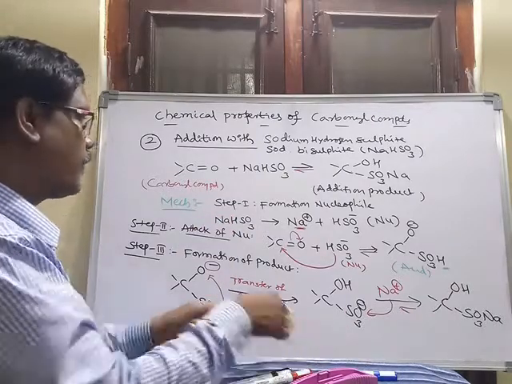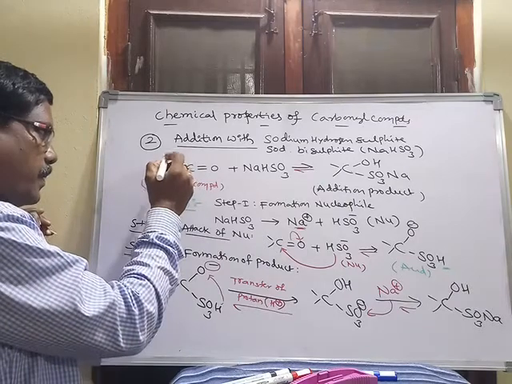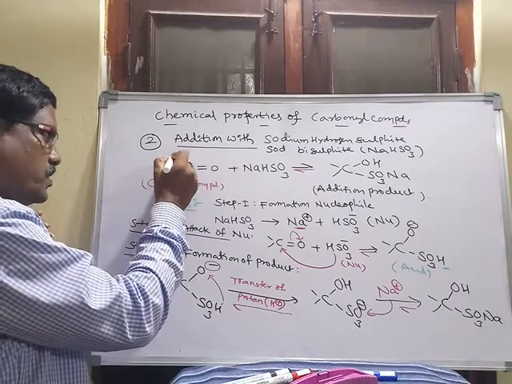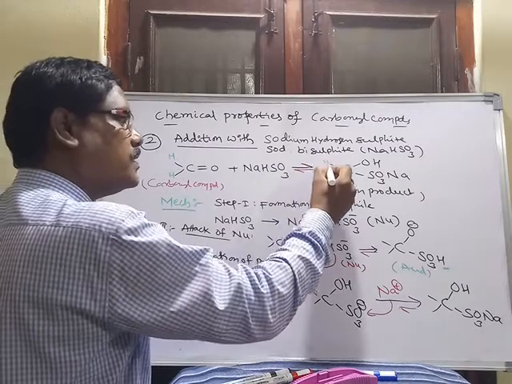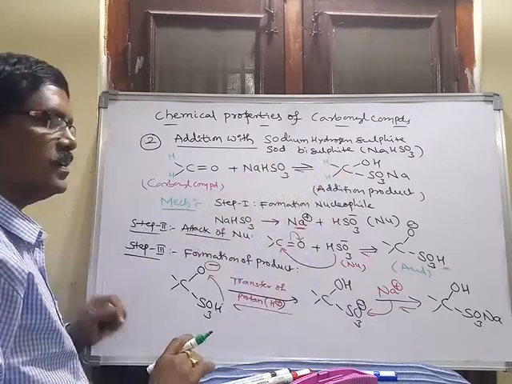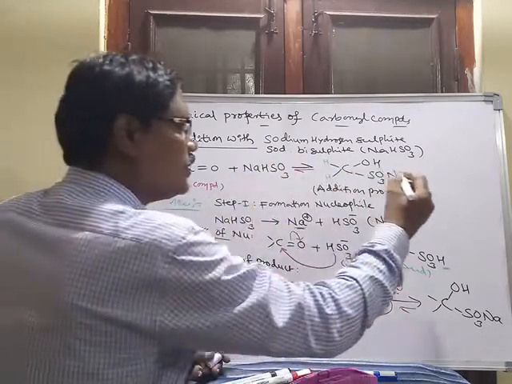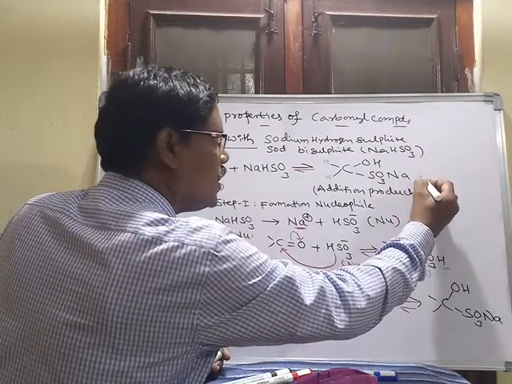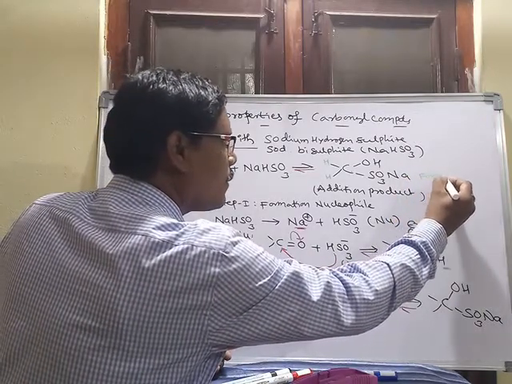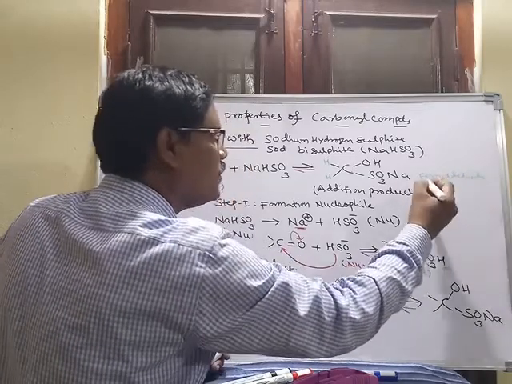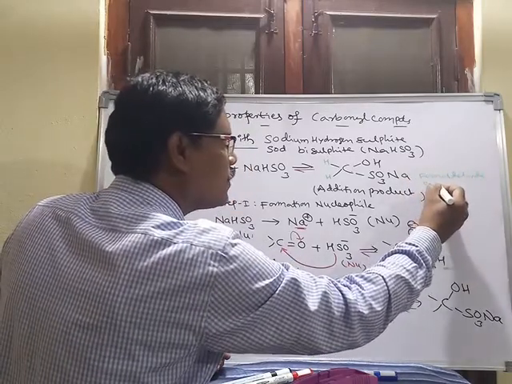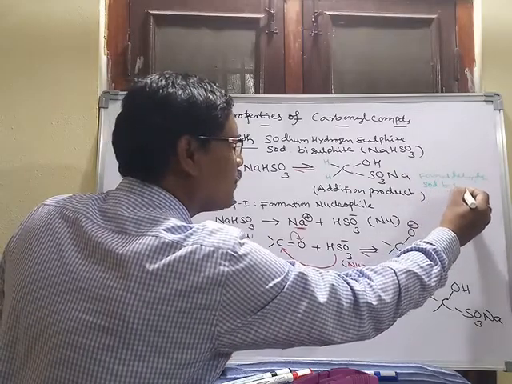Here I am taking one example. Instead of this, I take H, which is formaldehyde, giving formaldehyde sodium bisulfite.